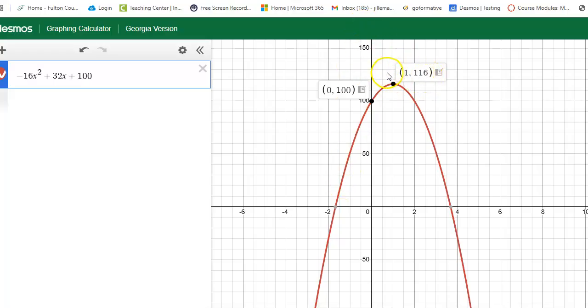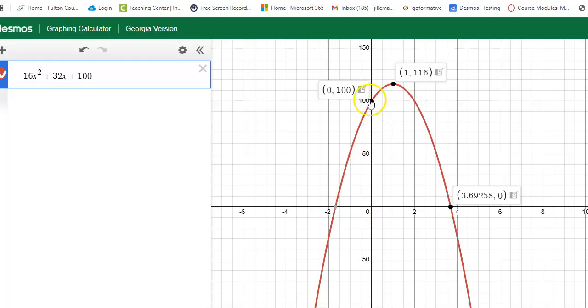That's how high, because remember the y-axis is all about the height. And then I threw, this is a water balloon one, I threw my water balloon. It got to 116 feet and then it fell to the ground, and the x-axis is the ground. So the time we started was 0.